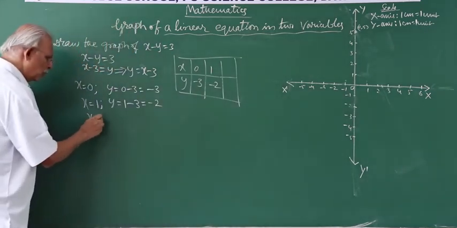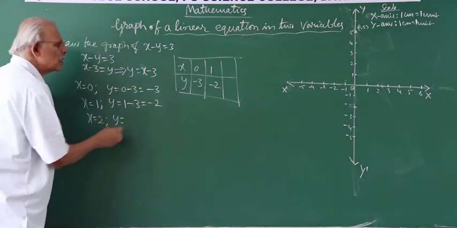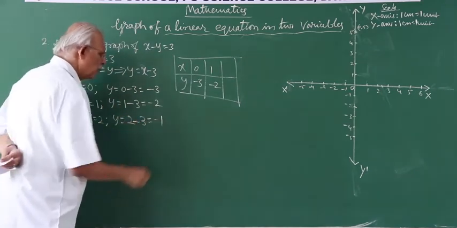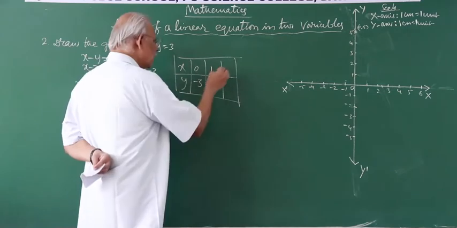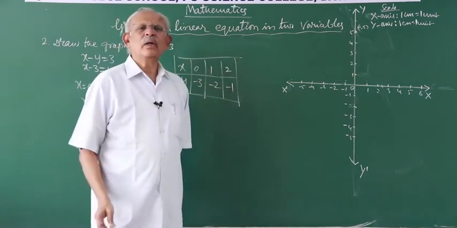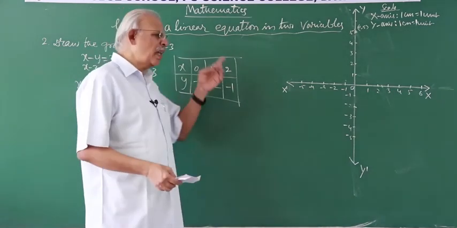Put x is equal to 2, y is equal to 2 minus 3, that is minus 1. When x is equal to 2, y is equal to minus 1. Again, you are going to get three pairs of values.